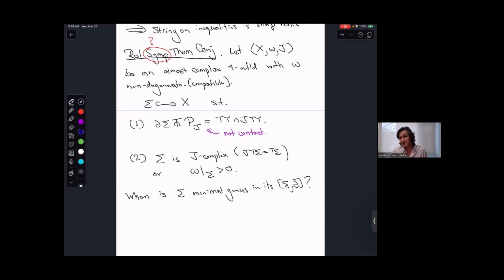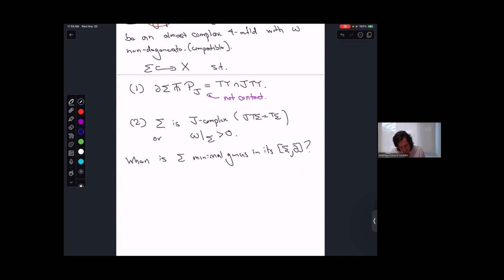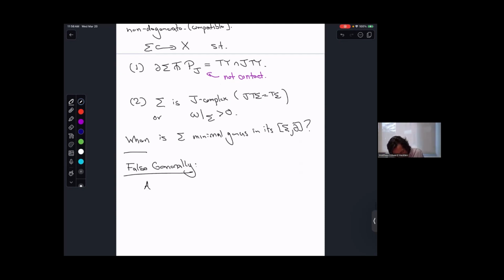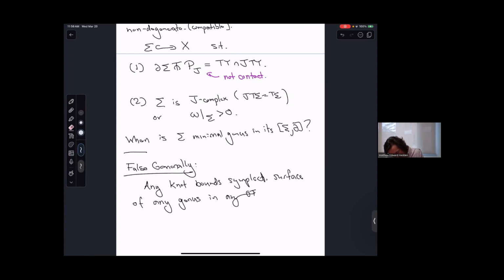And so we're going to have to put some assumptions. It's categorically false in general. For instance, any knot or link bounds a symplectic surface of any genus in the symplectization of any overtwisted contact manifold.